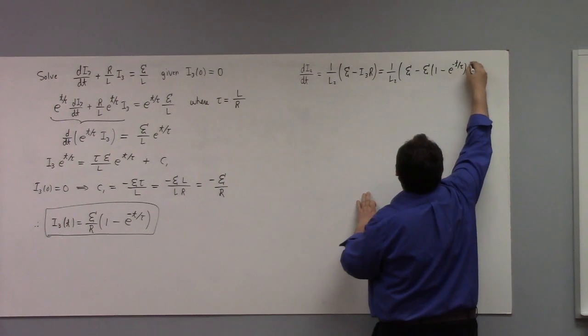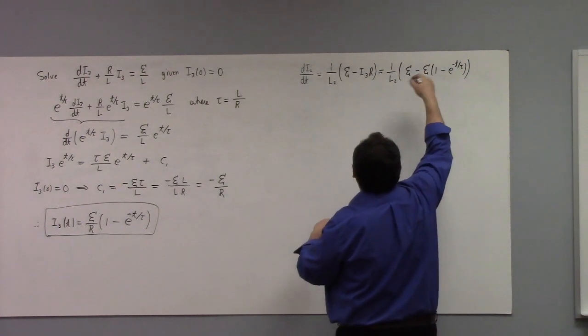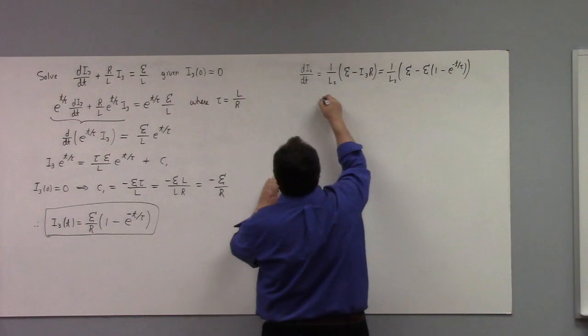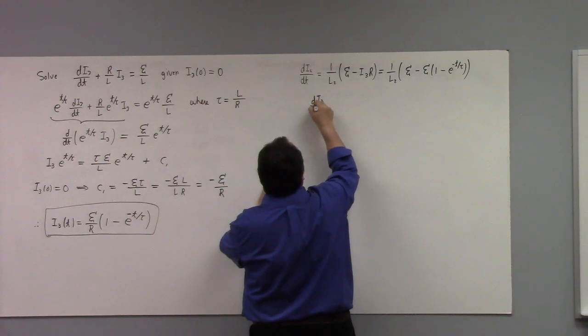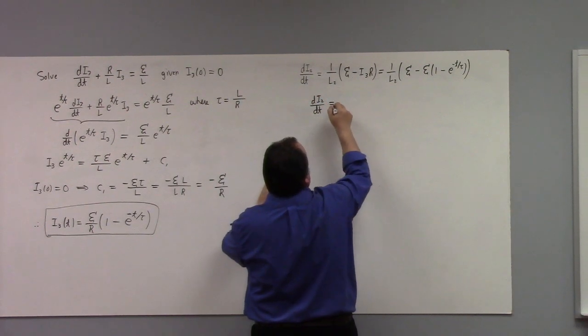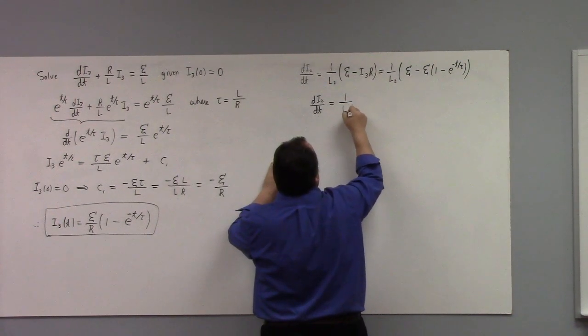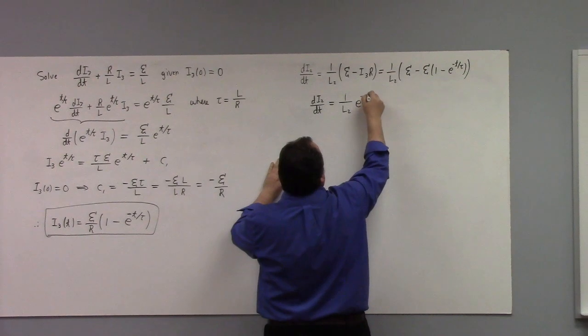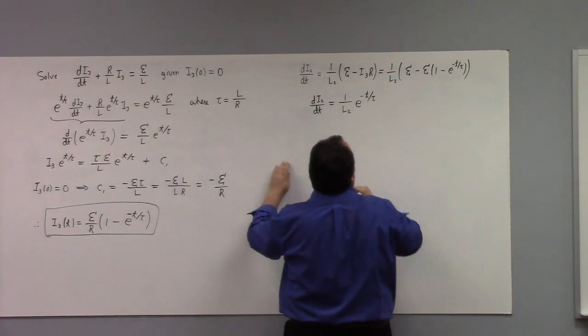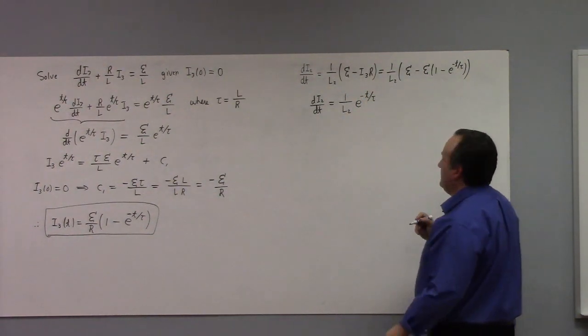The R's cancel, the E's cancel. So what we have is di2/dt equal to apparently 1 over L2 e to the minus t over tau. Right?